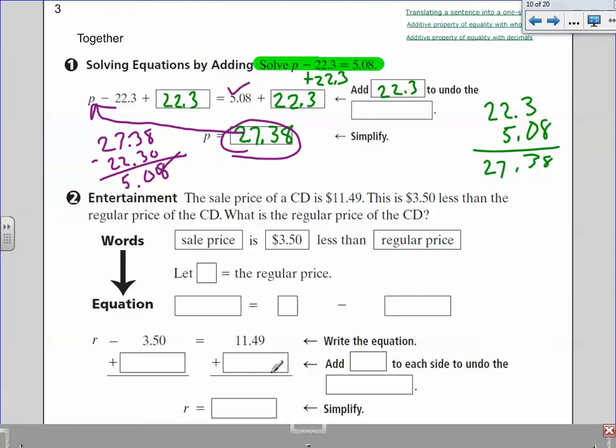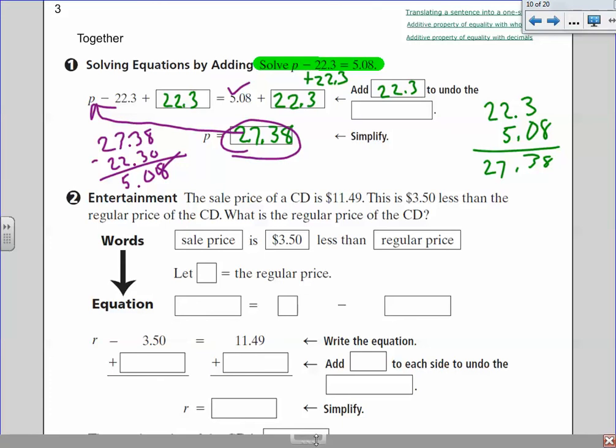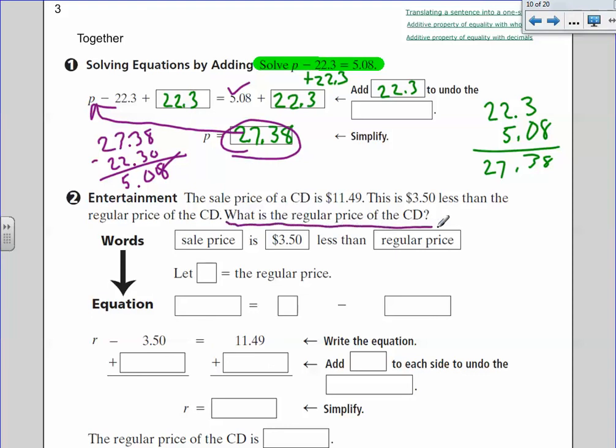All right, so let's look again at a word problem. The sale price of a CD is $11.49. This is $3.50 less than the regular price of the CD. I'm trying to figure out what is the regular price of the CD.